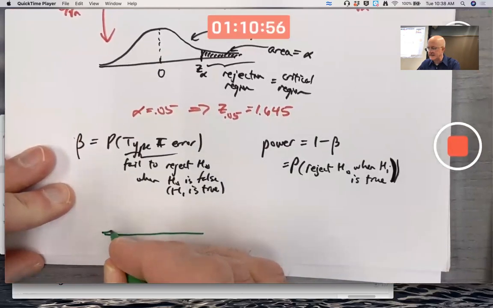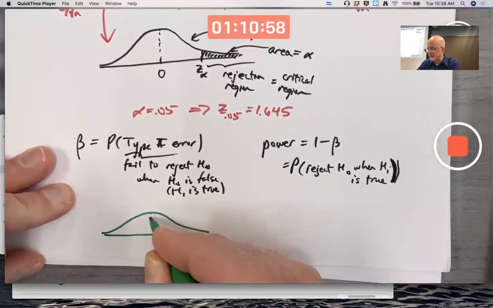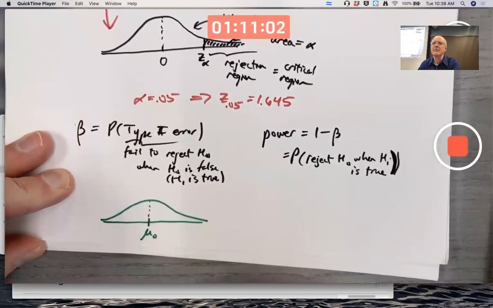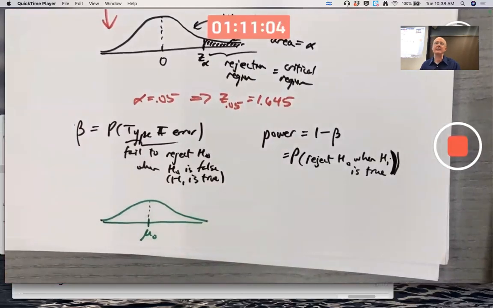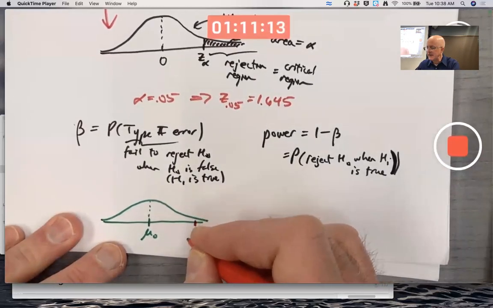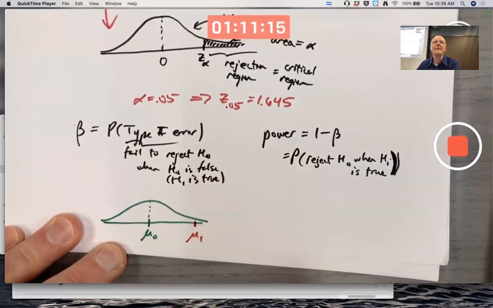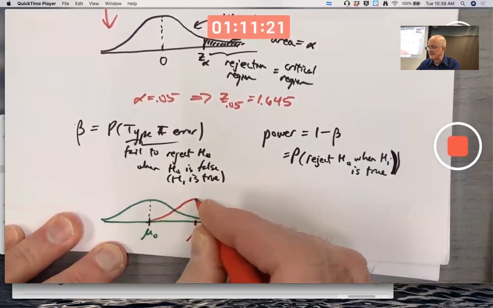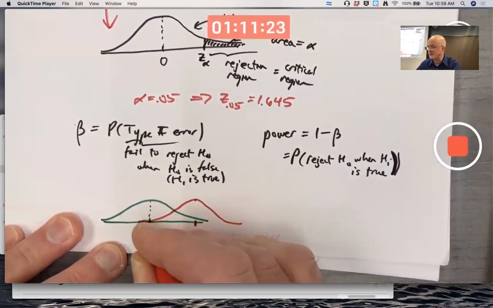So here again is the sampling distribution of X bar if the null is true. But if the alternative is true, that's not the sampling distribution of X bar. If mu equals, say, mu1, then the sampling distribution of X bar looks more like this, centered on mu1 instead of mu0.